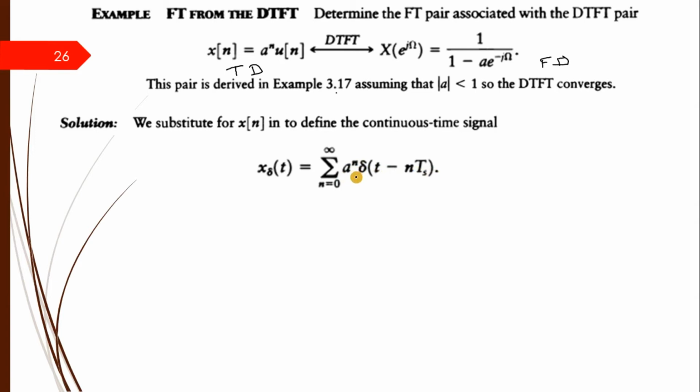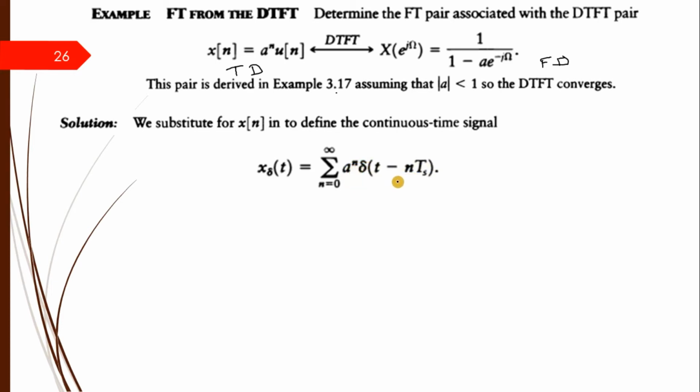Hope you're understanding what I'm saying. Now when n is equal to 1, you have Ts. So what value of t will make delta of t minus Ts zero? t should be substituted with Ts, so that at Ts, whatever a raised to n value is there, that component will be extracted.